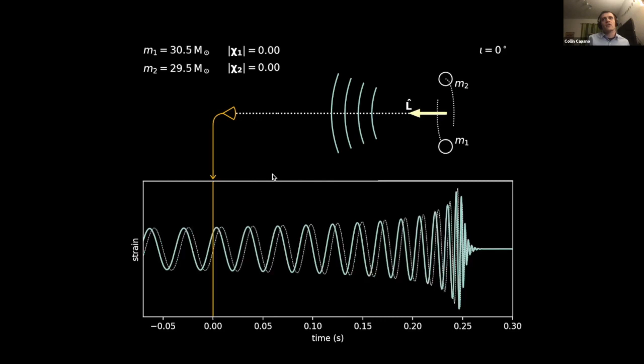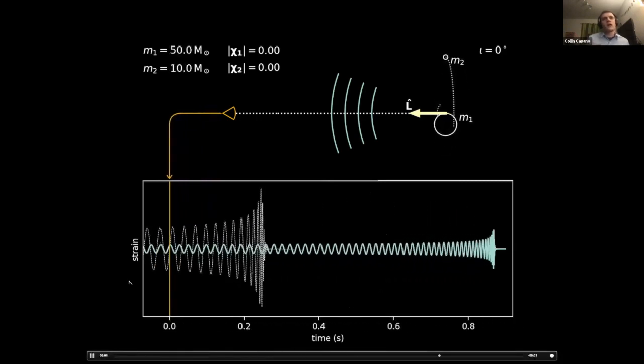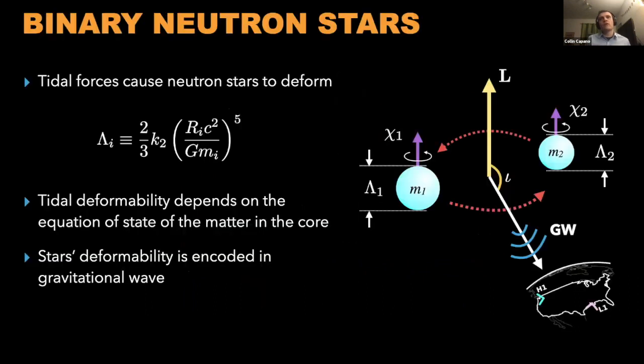And if I change the masses, so now I'm increasing the mass ratio, you can see that the gravitational wave that you end up getting has lower amplitude, it's longer, has different phase characteristics. And so this is just representative of how, by observing the gravitational wave, you can learn about the parameters of the binary. That's the case for two black holes.